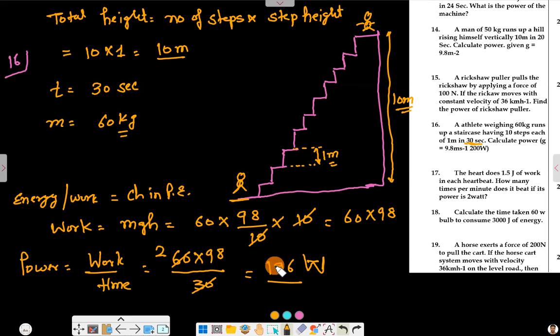If g is mentioned, like here, it is mentioned that you have to use 9.8, then all the calculations should be done using 9.8 only. And in that scenario, using g equal to 10 will be wrong and you will not get any marks. But at least you should know the flow, that how to use that value. If you know the flow or the process, then you can easily solve the question.